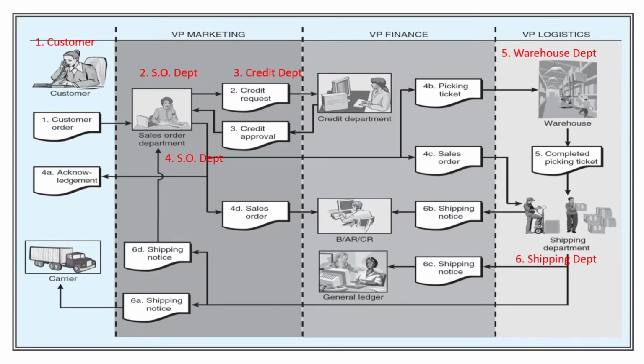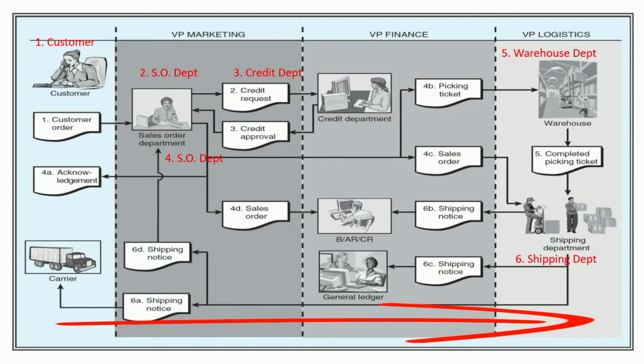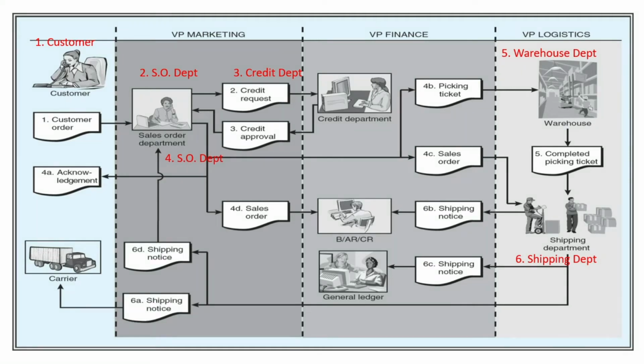So if we look at graphically, we can see the horizontal information flow flows across departments or functional areas. Starts with the customer and then goes to the sales order department, the sales order, and then sales order department checks that with the credit department, so interface with the credit department, and then the sales order department, once received the approval, sends that to the warehouse department.